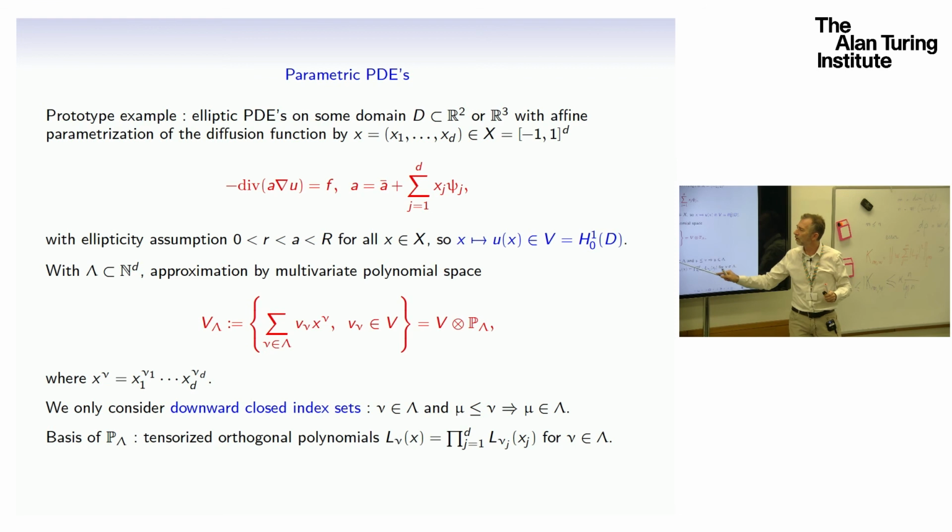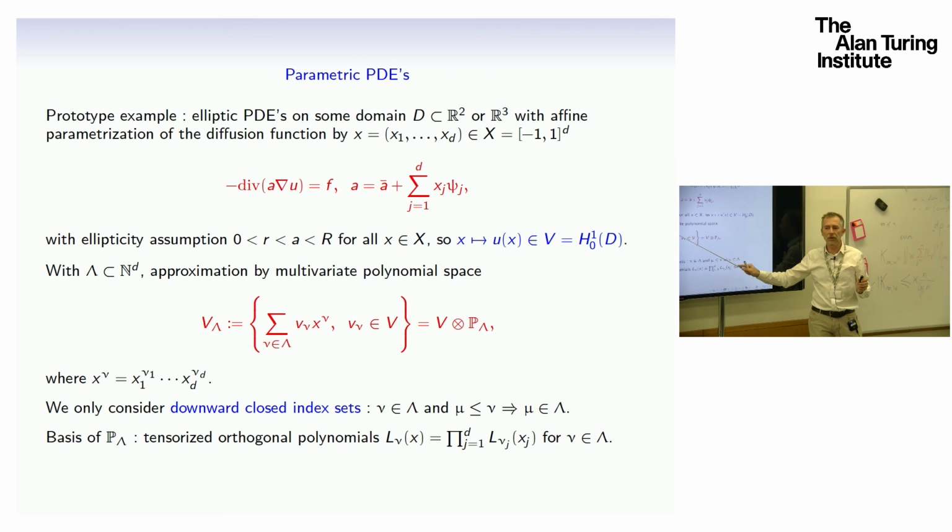So we now have more complicated spaces because they are high dimensional polynomials, and we have to choose carefully the index sets. We are always going to ask that these sets are what we call downward closed, which is a very natural thing to assume for polynomials. We mean that if there is a degree which is represented, a multivariate degree, then the lower degrees should always be represented.